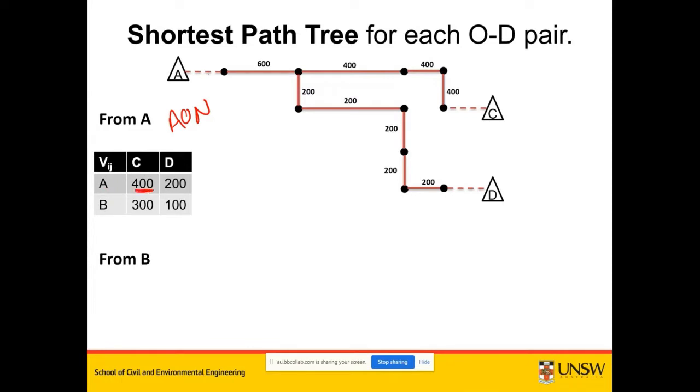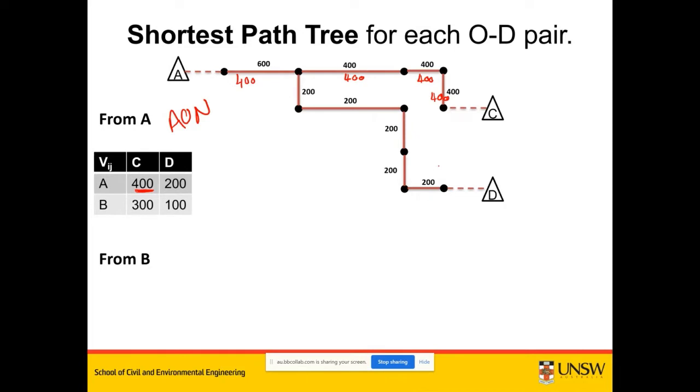So I'll have 400 people on this link, 400 on this link, 400 here, 400 here, and they reach their destination.